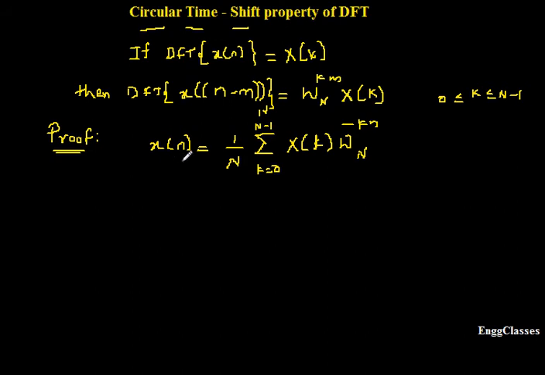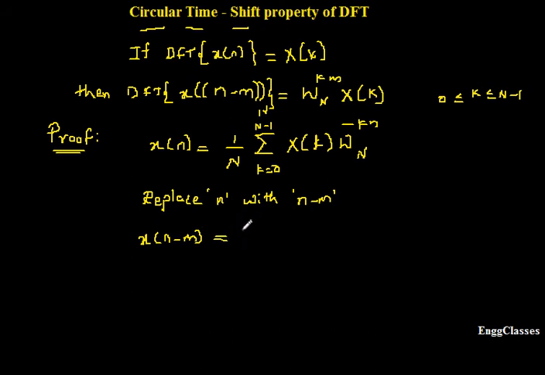Next, I don't want just x of n, rather I want x of n minus m. How do I get that? In this expression, I need to replace every n with n minus m. So if I do that, I would get x of n minus m. Are you getting the point?